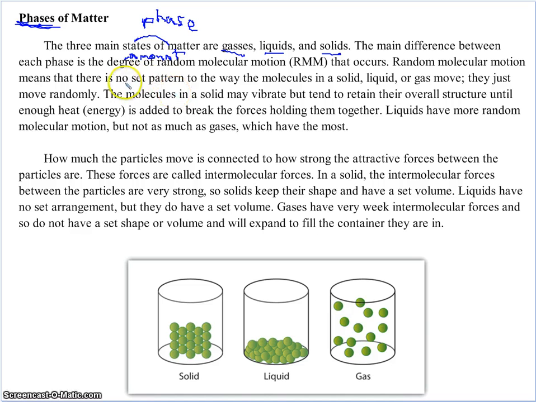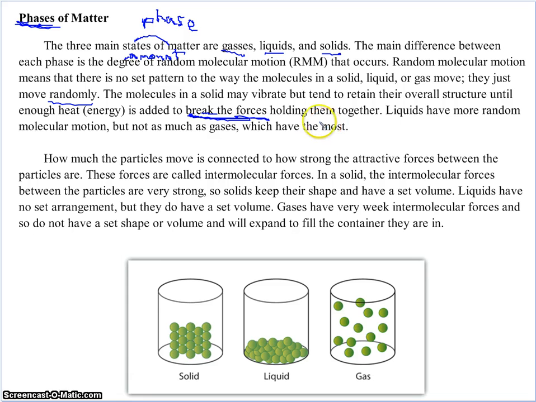Random molecular motion means that there's no set pattern to the way the molecules move. Molecules in a solid may vibrate but tend to retain their overall structure until enough heat energy is added to break the forces holding them together.